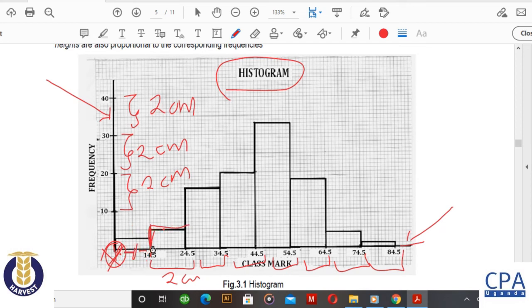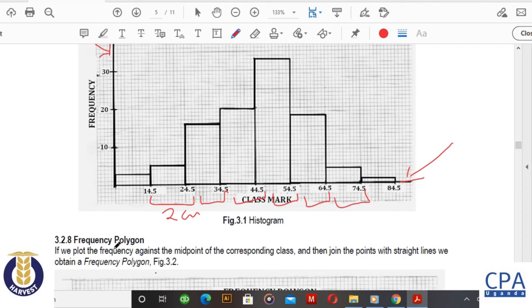There is a sign that we use, some kind of a zigzag sign like that. If your histogram does not begin from the origin, from 0,0 here, then you can make use of that sign and begin away from the origin. But for the case of the graph that you have in your notes, I began from the origin.